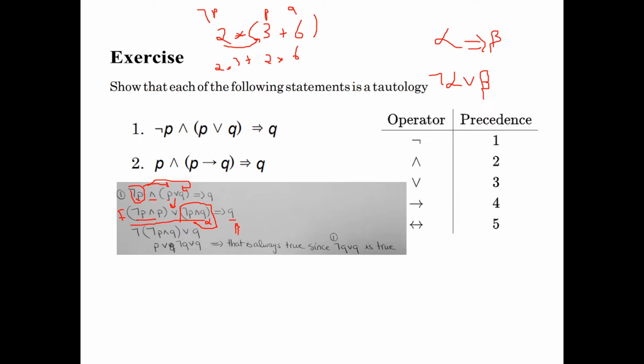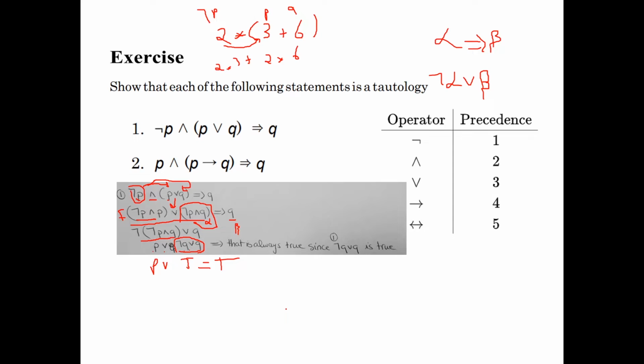So not alpha or beta, which is Q. Again, we insert the not inside: not P or not Q or Q. Just like not P and P is always false, not Q or Q is always true. And true or anything is also going to be true. That's that.